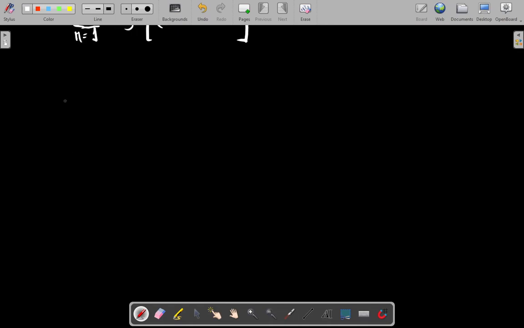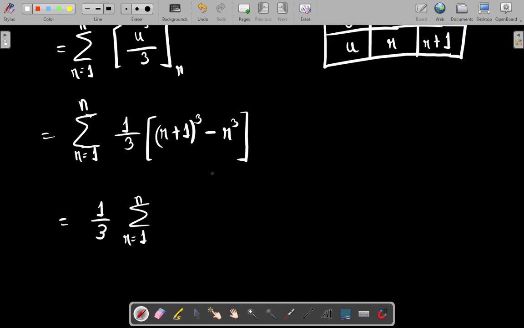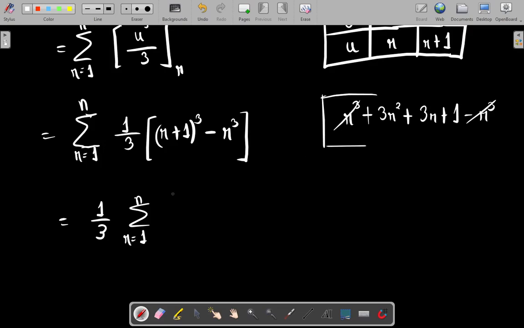If I open this bracket, this will give me r cube plus 3r square plus 3r plus 1. This is (r plus 1) whole cube, minus r cube. So these two will get cancelled out. I am doing this in the rough. You can do it directly here also. So we are left with 3r square plus 3r plus 1.